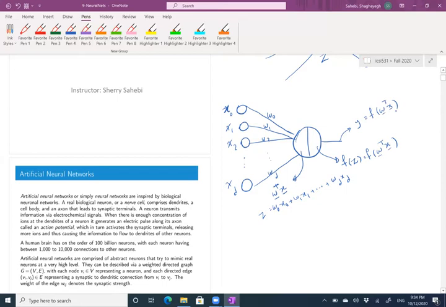Okay, so this is a very basic neuron that we have. This F is usually adding non-linearity, and this W transpose X is just a linear combination.